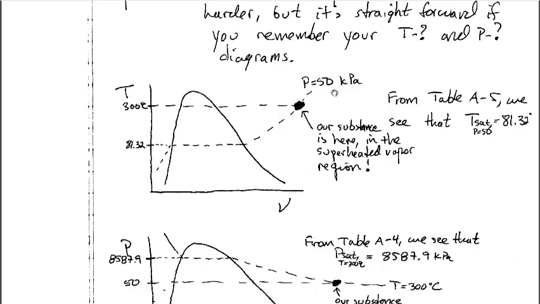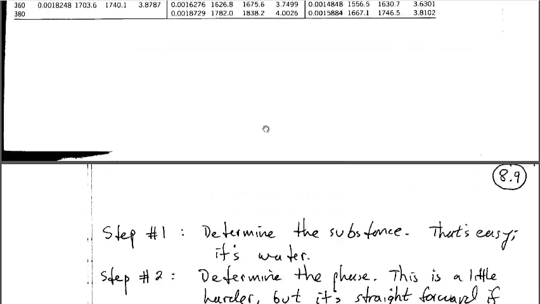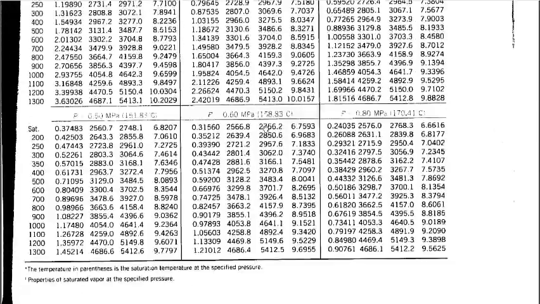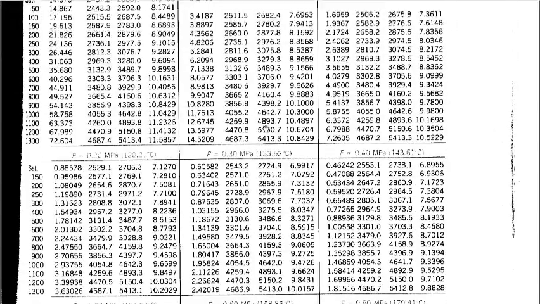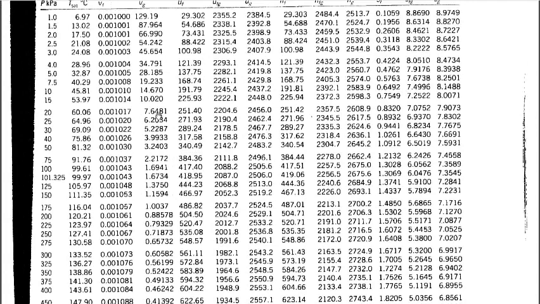Now, at a pressure of 50 kPa, I can go to table A5 and look up that the saturation temperature of water at a pressure of 50 kPa is 81.32 degrees Celsius. How do I do that? Well, let's go to table A5 and find 50 kPa.